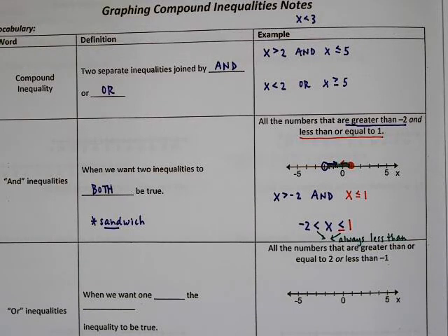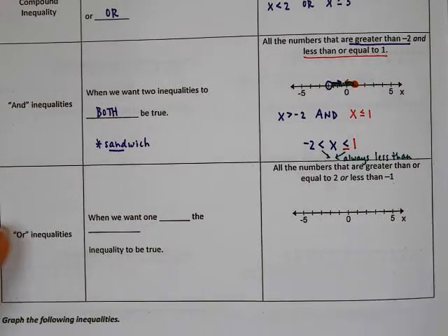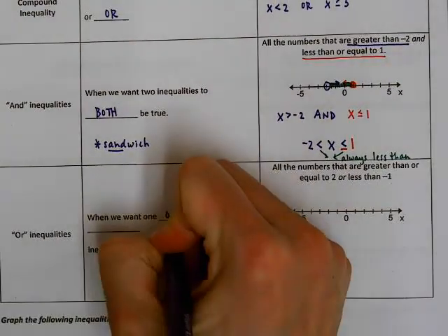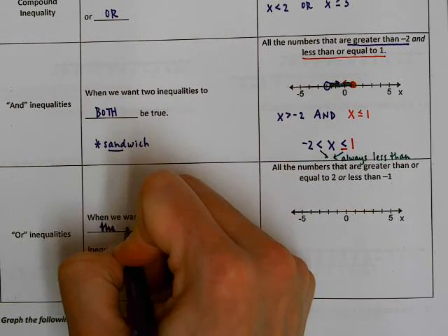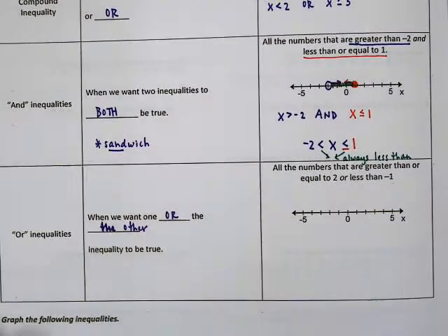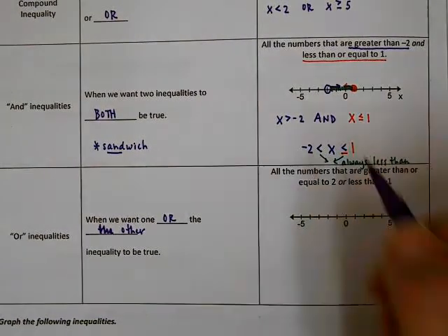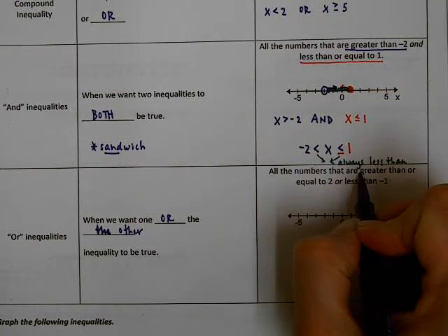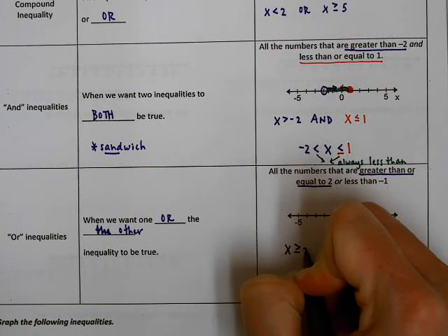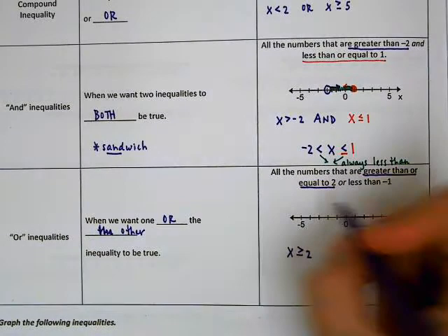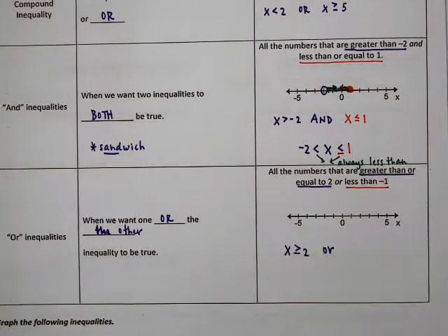Okay, so that's and. The next one we have is or inequalities. And here we want one or the other inequality to be true. So they don't have to both be true, we just want one or the other. So if I'm looking here, I've got all the numbers that are greater than or equal to 2. So I have x is greater than or equal to 2, or are less than -1.